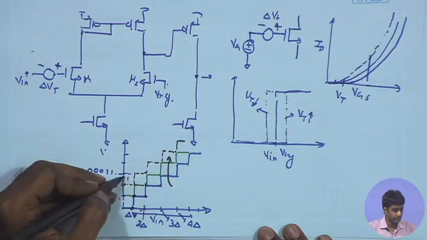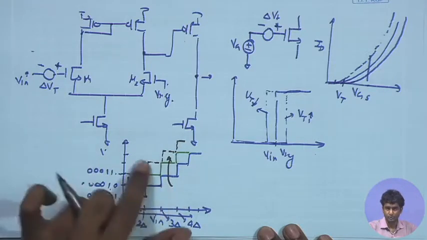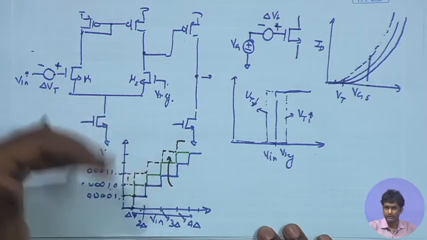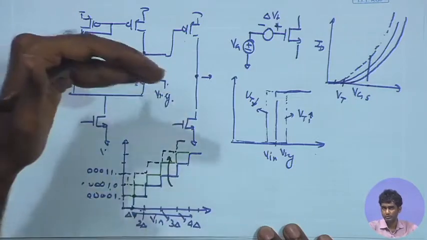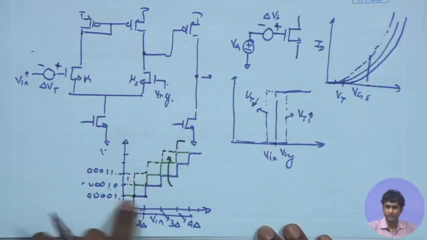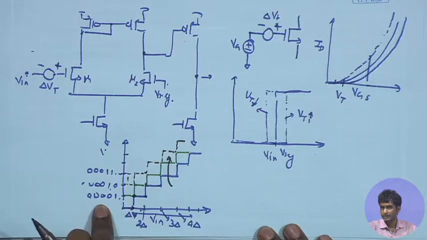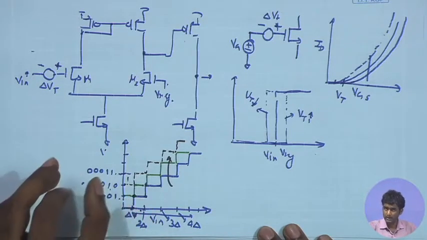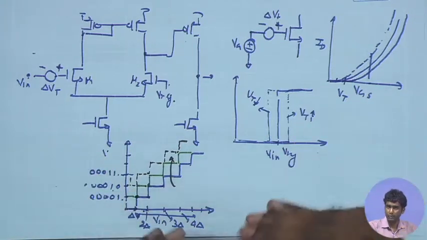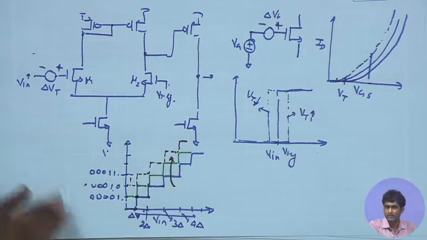So, if we are having a 2-step shift, then we cannot encode the values which are within the range 0 to 2 delta. That will give you that you are basically losing that information, because 0 to 2 delta is lying out of range of this characteristics. So, we are losing that information of around 2 delta voltage. So, all the signal levels lower than 2 delta are not getting encoded correctly.